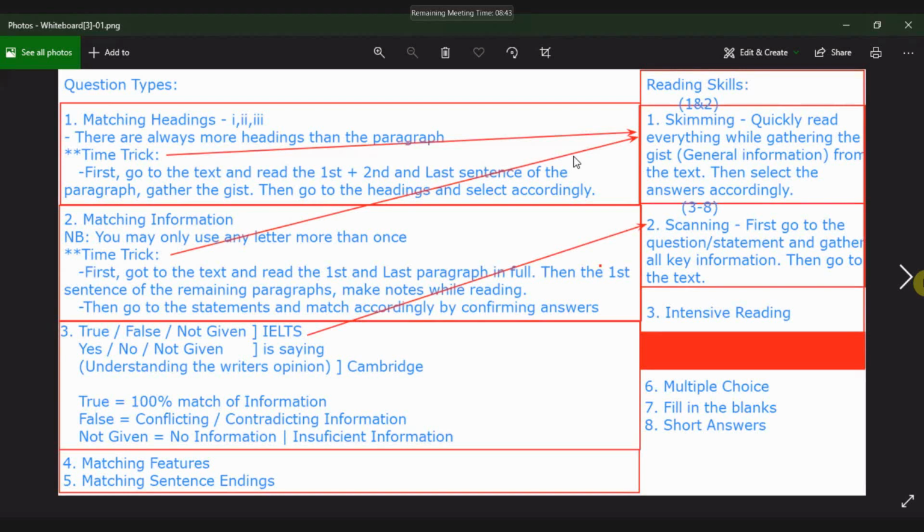So if you are going to deal with this question type in section 1 and 2, the required skill to use here will be to skim. That means you need to skim A in full. After skimming A, go to the list of headings and then just choose. That's it. So the answer to your question is to go to the passage first.